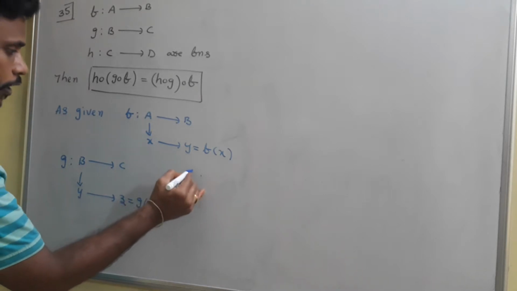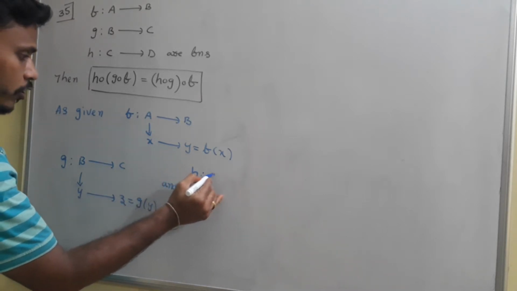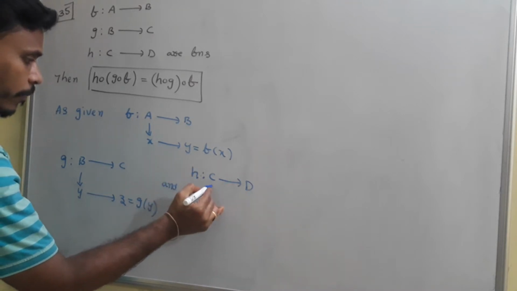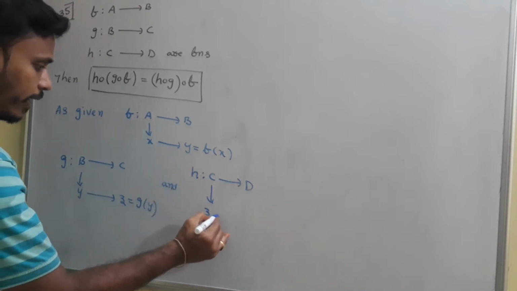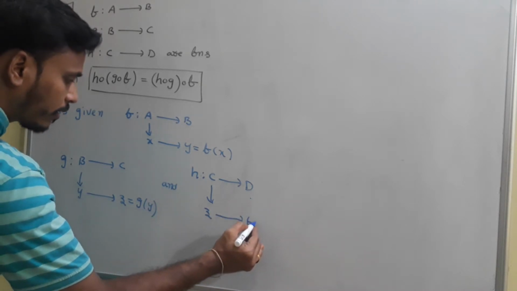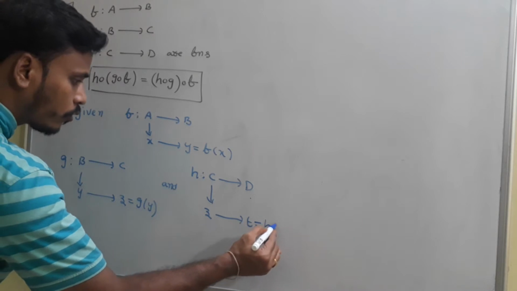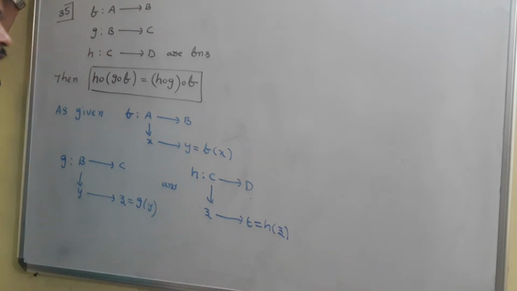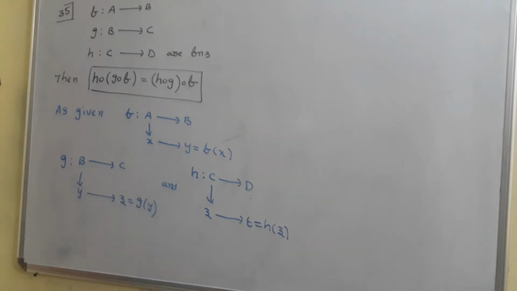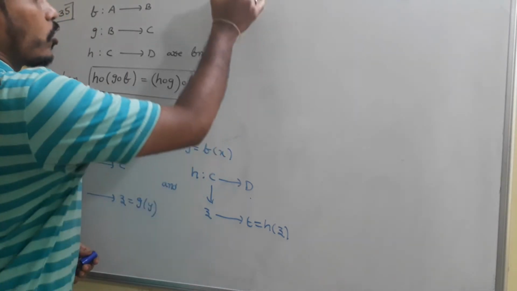And the next one is h. h is a function from C to D, and it connects an element z to an element t of D such that t is equal to h of z. So now I have the definitions for the three functions f, g and h. Next we need to show these two are equal.